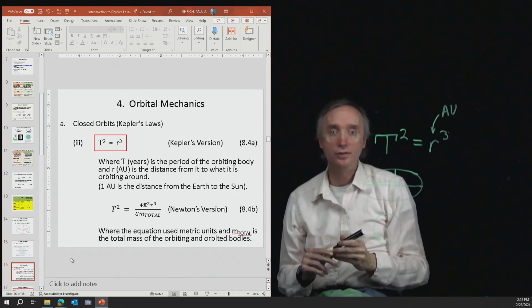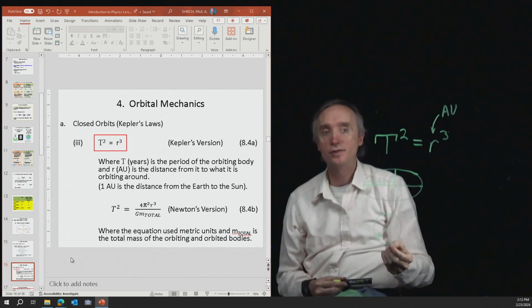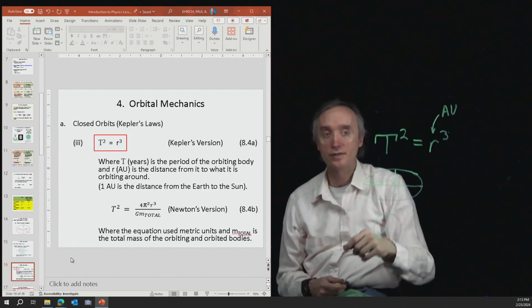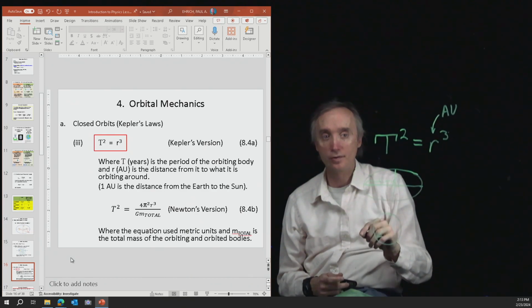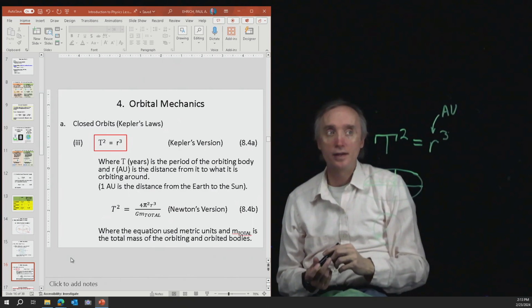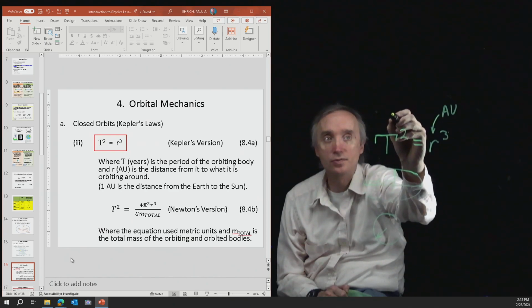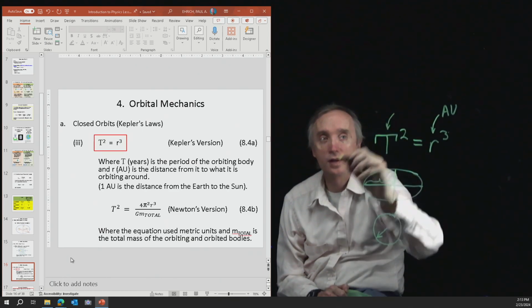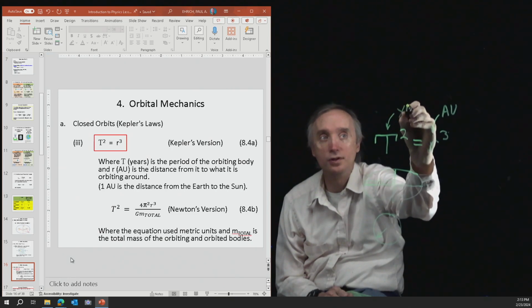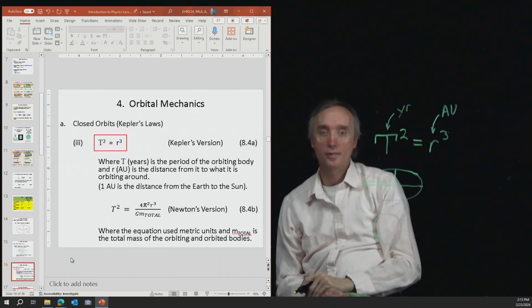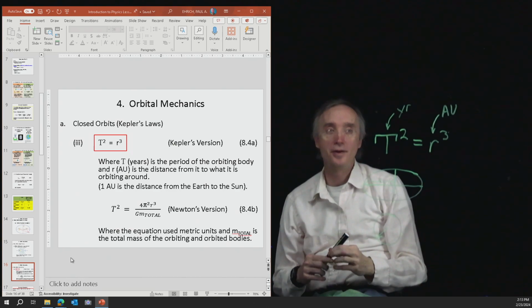An AU is the distance from the Earth to the Sun. That's one astronomical unit. And then he designed the equation so that the period would be in Earth years.